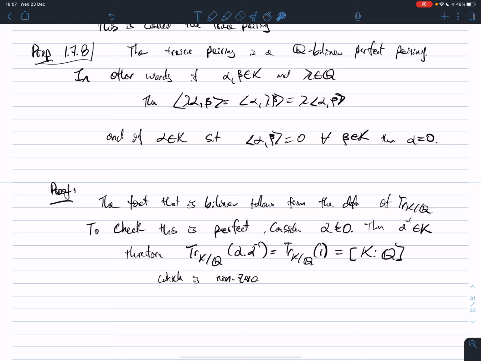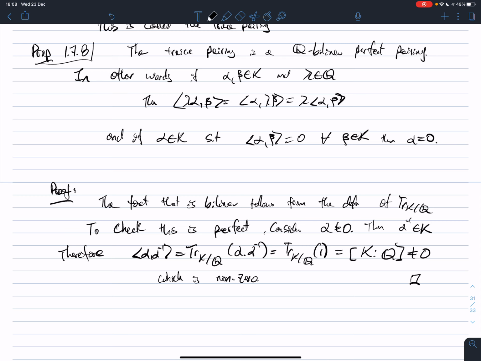But no matter what alpha you give me, if I take an alpha which is non-zero and take beta to be alpha inverse, then this trace, which by definition is the pairing, is some element which is non-zero. So for every alpha that I take, as long as it's non-zero, I can find some beta such that the pairing of alpha and beta is non-zero. So this proposition has to hold.